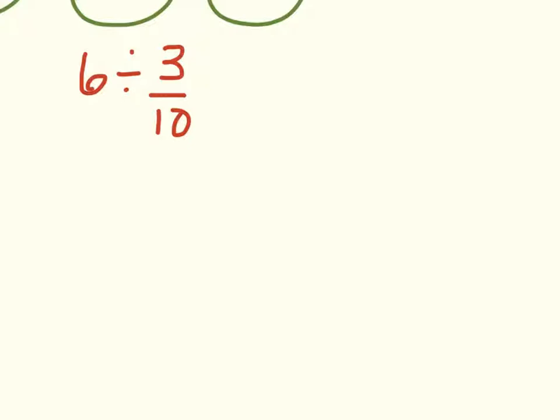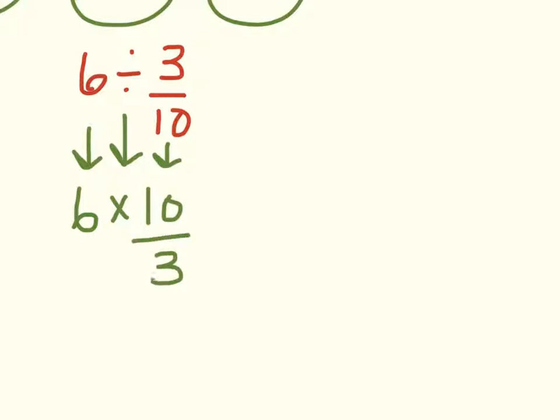Let's follow our 3 steps again. Drop down the 6, drop down the division sign and convert it to a multiplication sign, drop down 3/10, but write it as its reciprocal. Put the 1 there if you need it. Now, let's check and see if we can cross-reduce. Are there any numbers that fit into both 6 and 3?